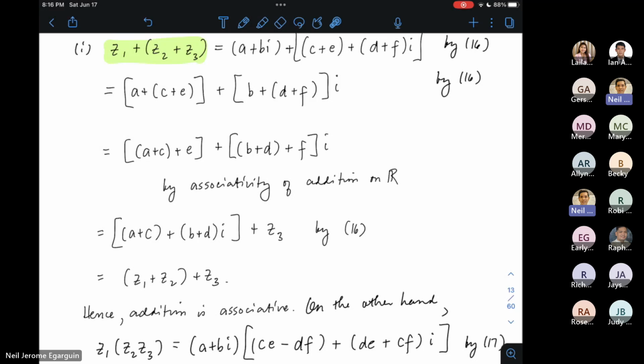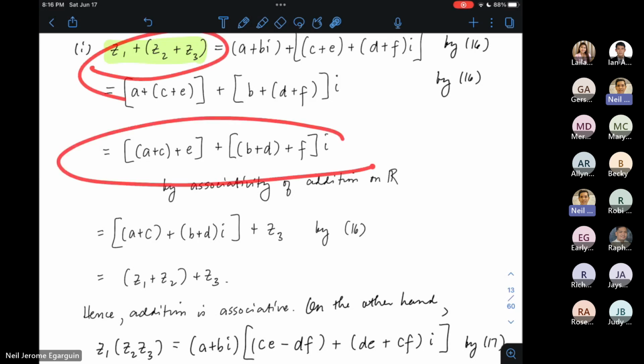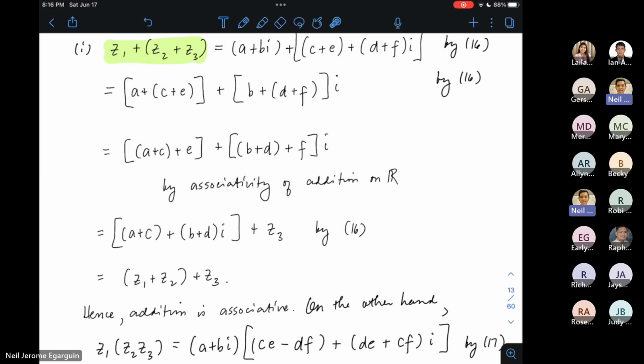Medyo may konting aha moment dito sa gitna ng proof because I expanded the sum into this guy, ano? And then out of the blue, I decided to, hold on, pagpalitin ko yung grouping nito. Sorry, dito pa pala yun, no?